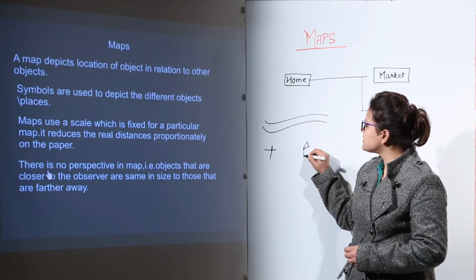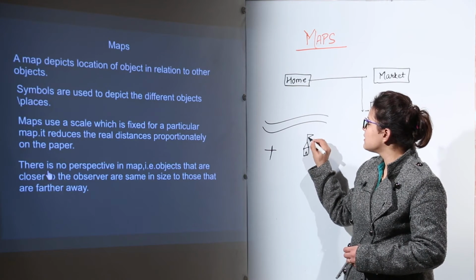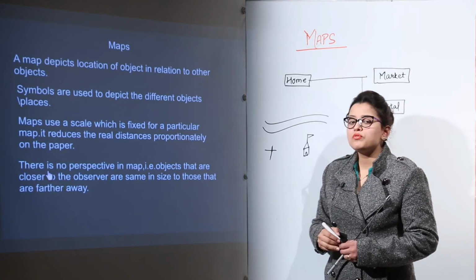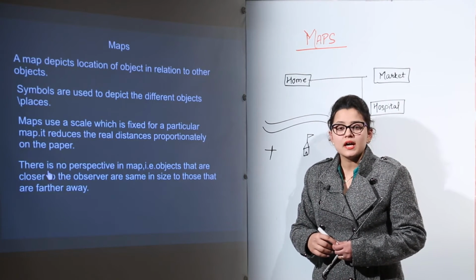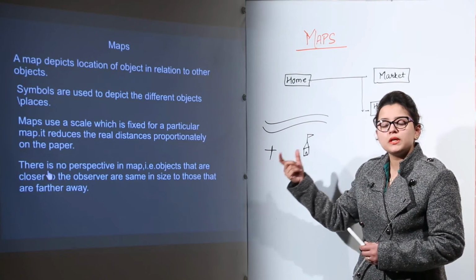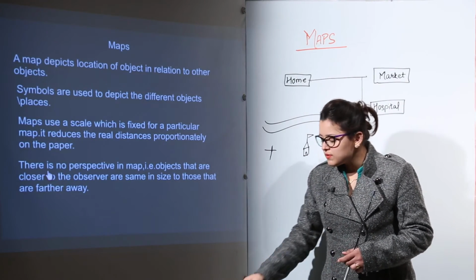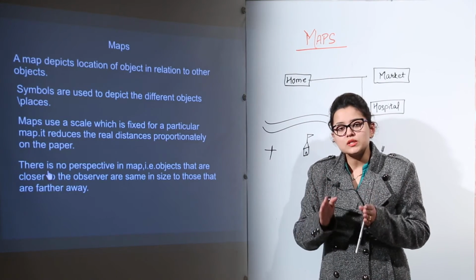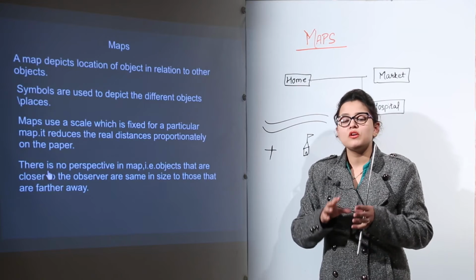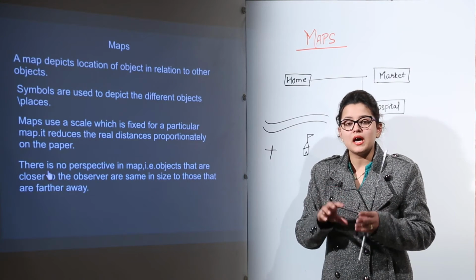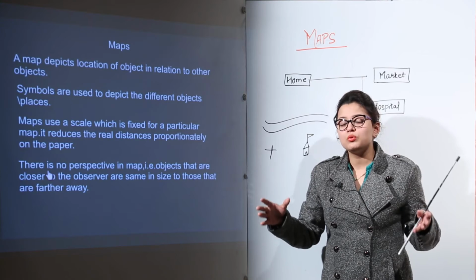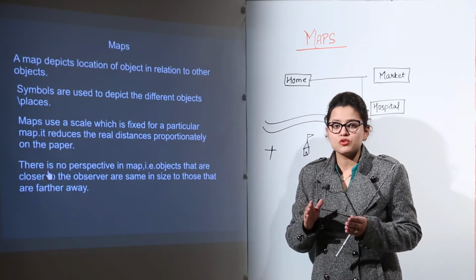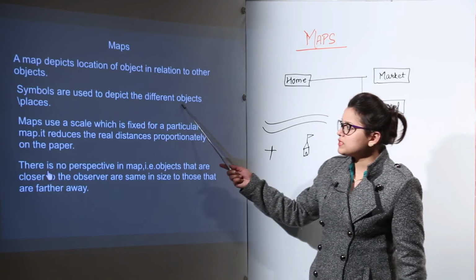In some maps they are made like this. We can have other things also. That means the different objects or different places have different symbols to be depicted on a map. Because we are going to depict a long and a large distance on a small piece of paper, that is why we have to use symbols for that. Otherwise, we will not be able to mention everything on a simple piece of paper.